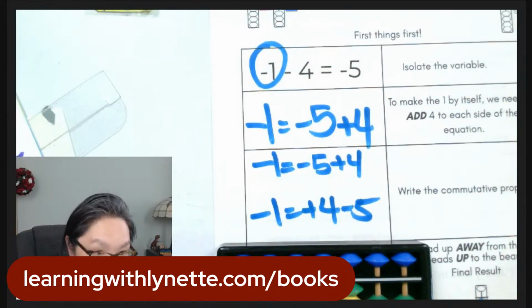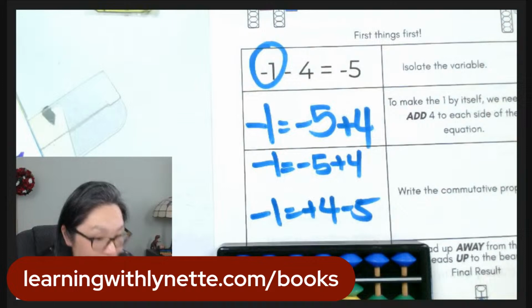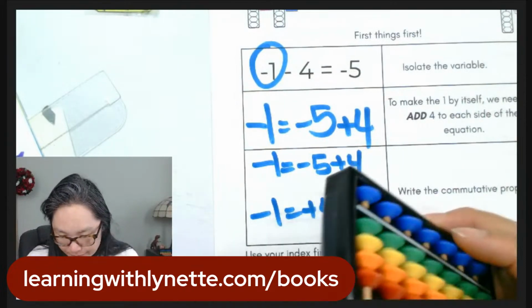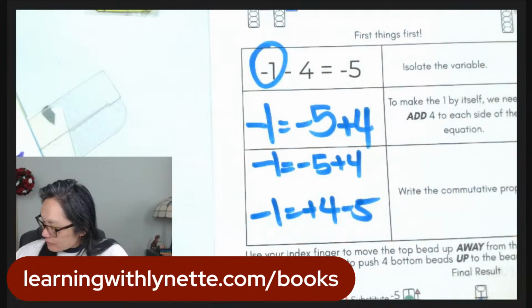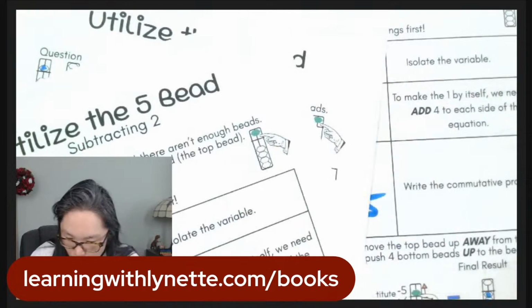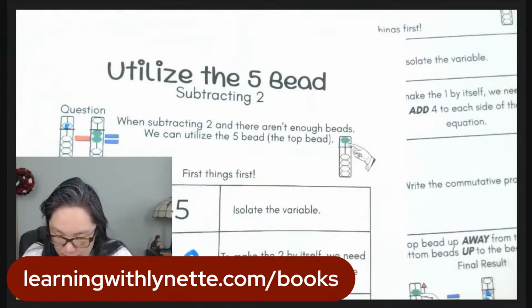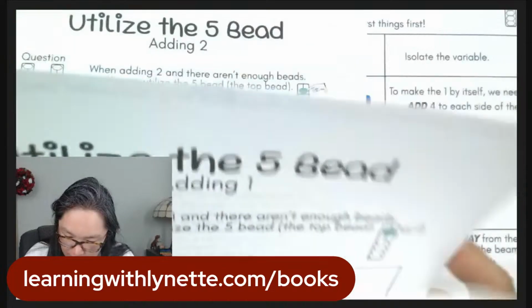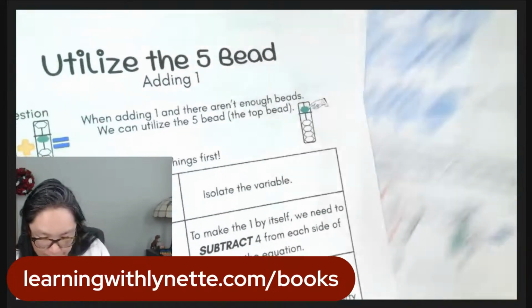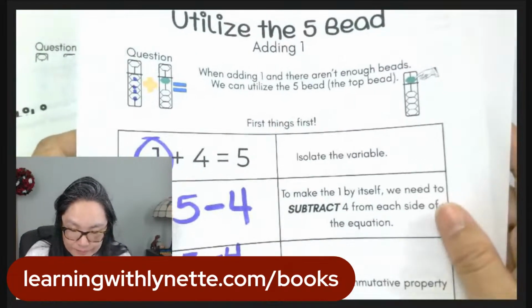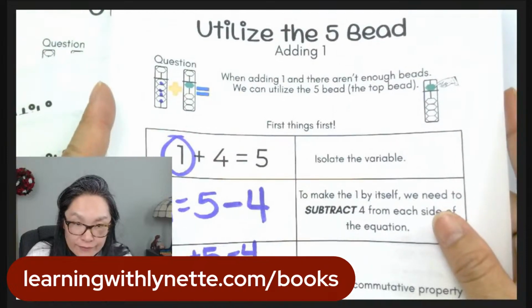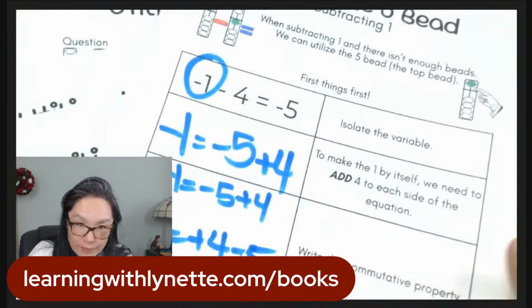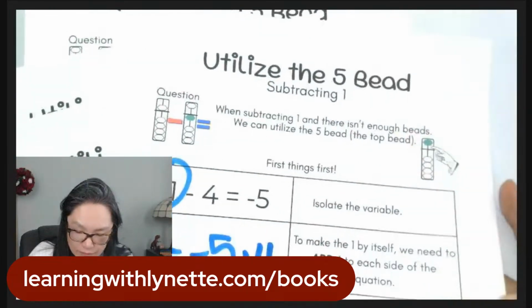Anybody have any questions? If not, I can continue on. Oh, so that was the thing. I think this is ready to be laminated. And what I was going to do is have it double sided. So it's going to be like this. If I'm adding the 1 and I flip it, we have subtracting the 1.